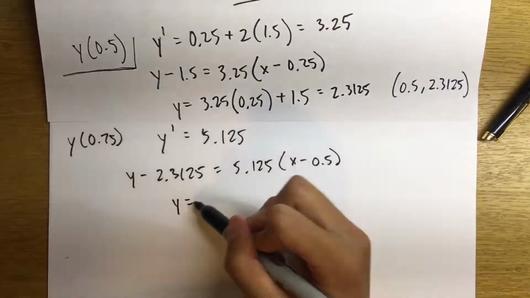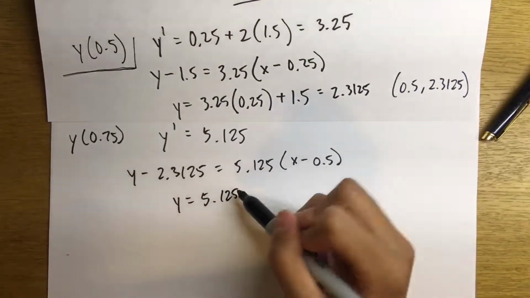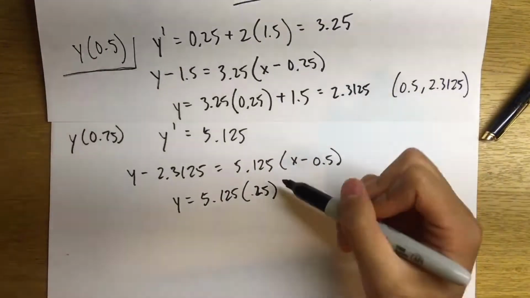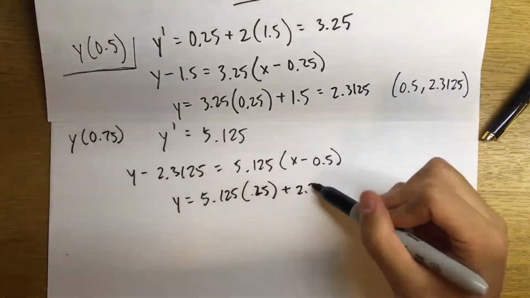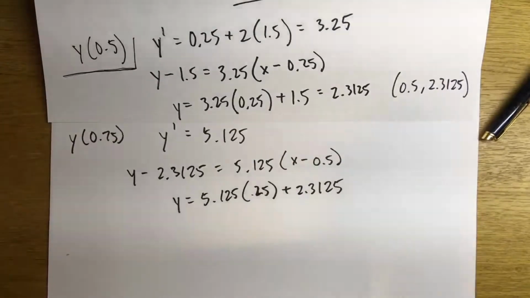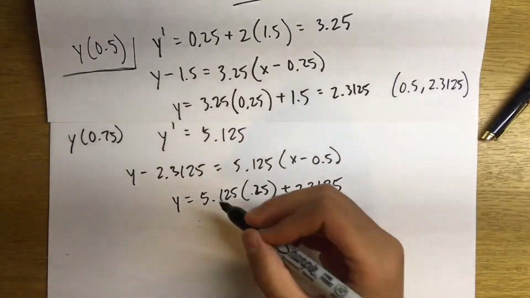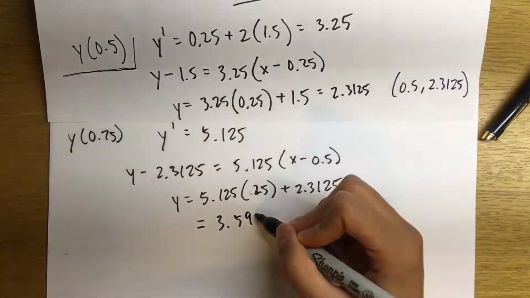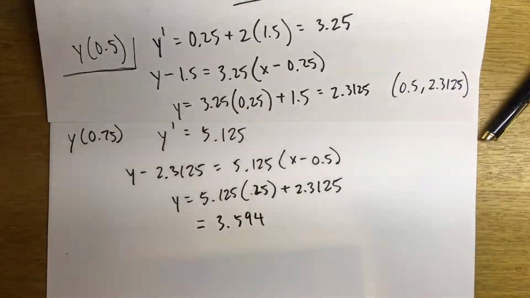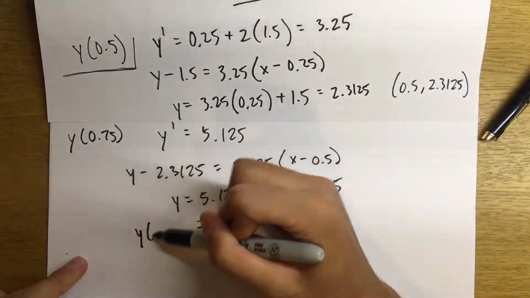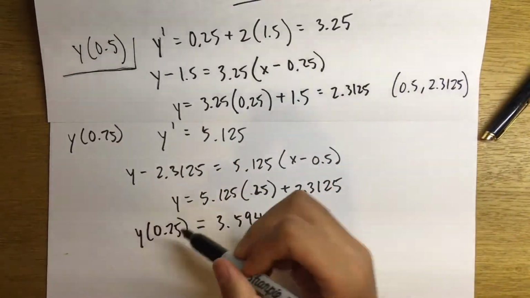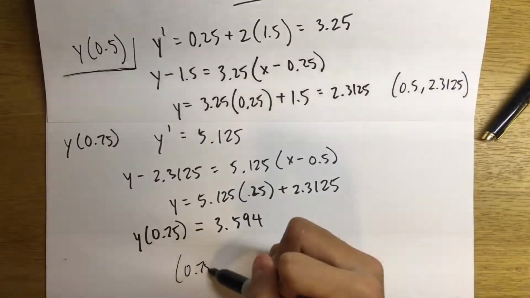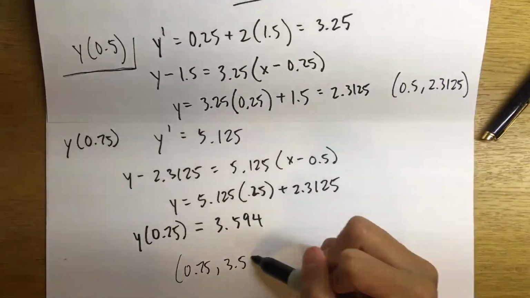And we can reformat this as y equals 5.125 times 0.25, plus the previous y term. And this number should equal 3.594. And that is y of 0.75. So the approximation using Euler's method is y of 0.75 equals 3.594.